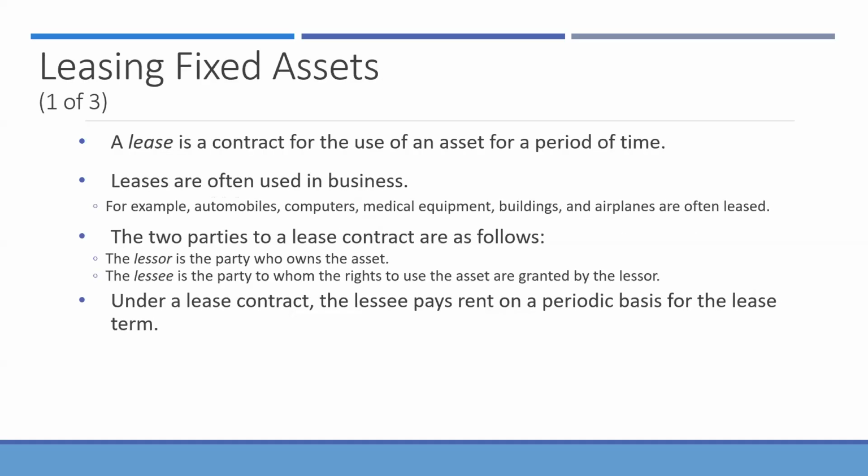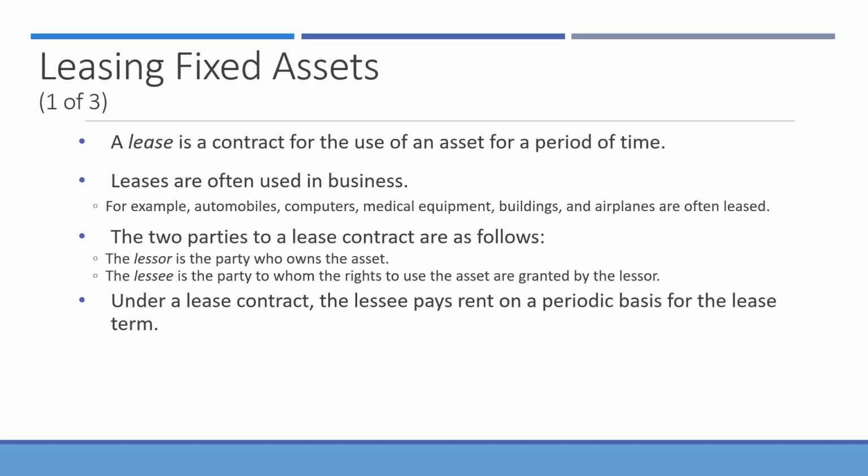And then there's also leasing of fixed assets, which is similar to renting. I think we're all familiar with leasing a car. Computers, automobiles, medical equipment, buildings, airplanes are really commonly leased.